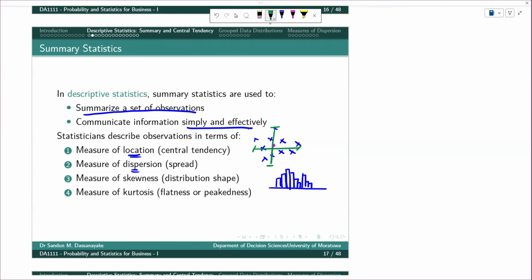In terms of the distribution, it may go like this, or you can draw it like this, two bumps, right? Depends on how you do it. And measure of skewness, distribution shape, how you distribute your data, and measure of kurtosis, flatness or peakedness, which means the height of this distribution.